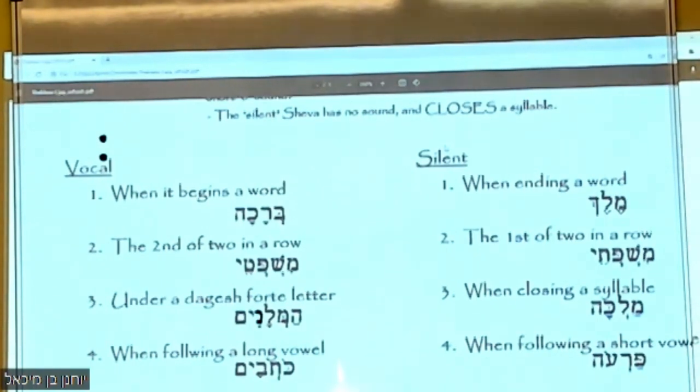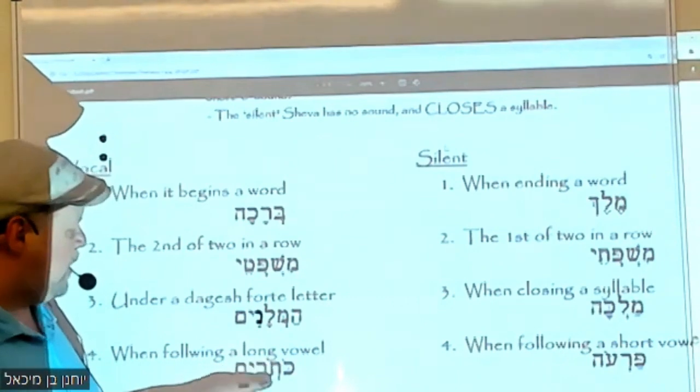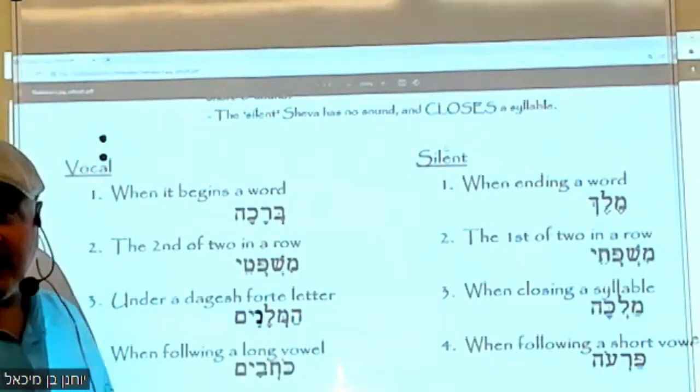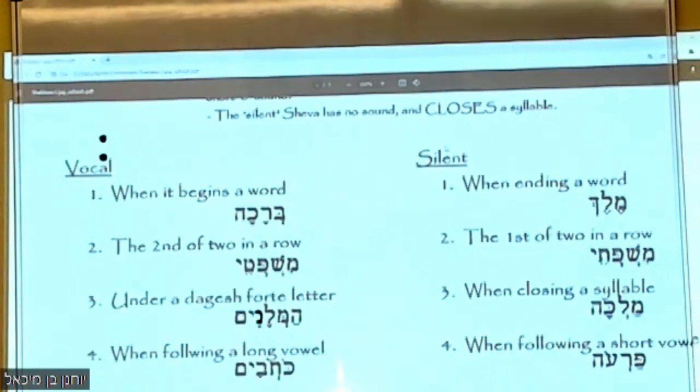Ko. Ko, C-O, or K-O if you want. Then we have a tav here, and it's got a shva underneath it. So since we're following a long duration vowel point, that makes it what kind of shva? It's vocal. So that is now going to be pronounced how? Ko-te. Kote.